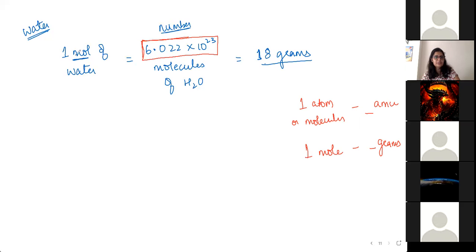So this number which is used to define 1 mole, like 12 for a dozen, right? If it is not 12, then dozen has no meaning. So that way, these many number of atoms or molecules, this number defines 1 mole. Because this is a really special number, that particular number 6.022 into 10 power 23 is given the name Avogadro's number.